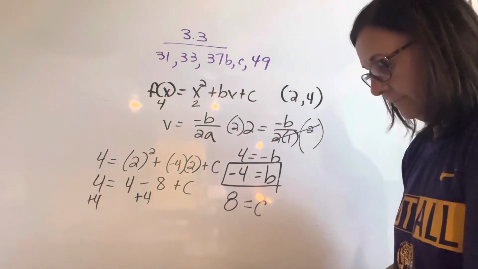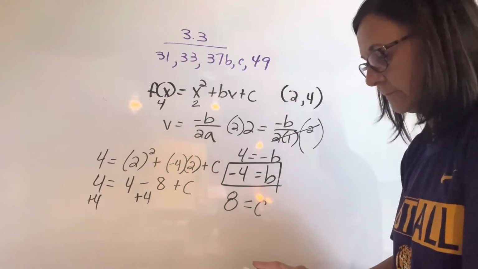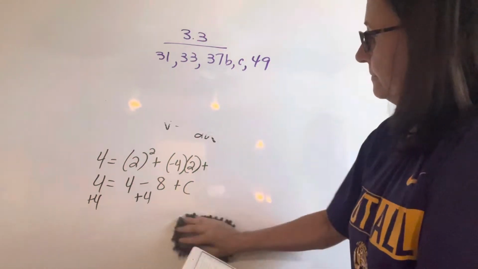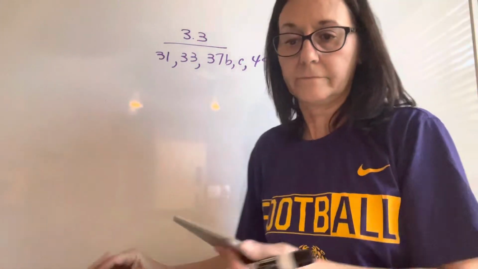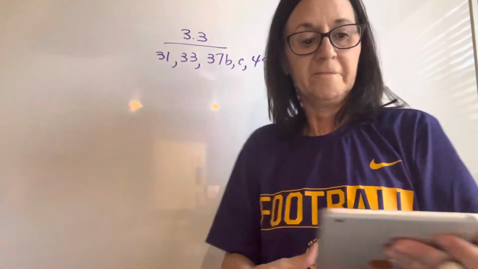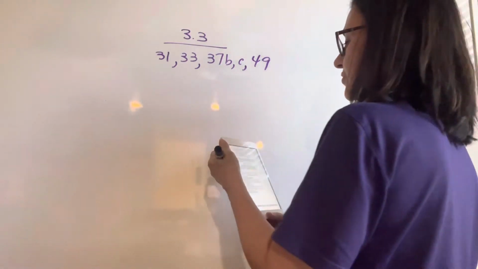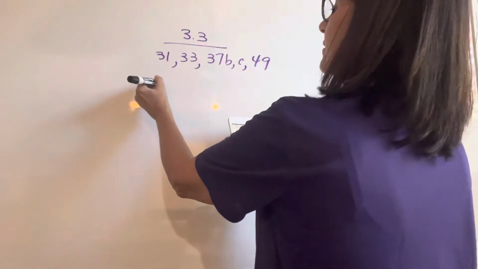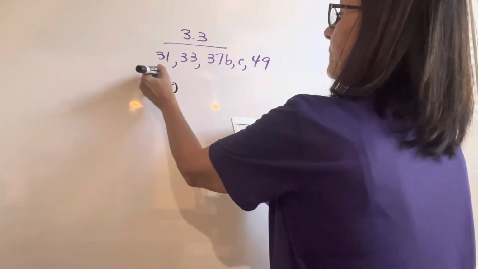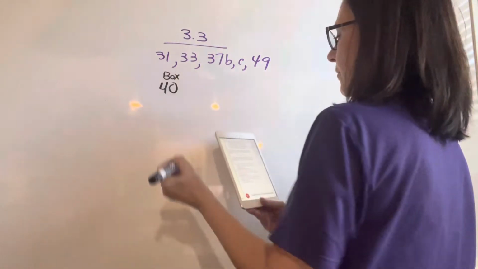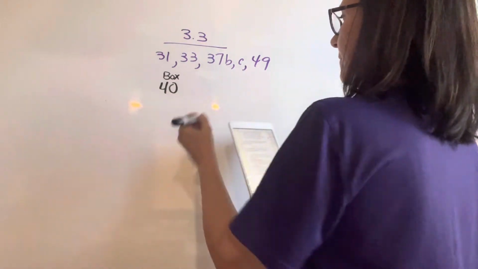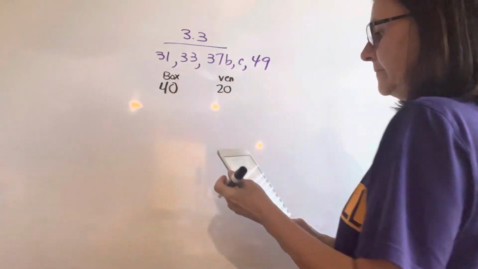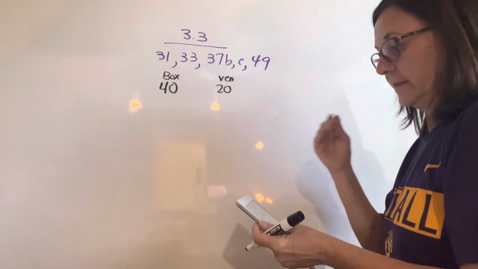All right, 49. 49 says, a ballpark manager concession finds that if the vendor sells an average of 40 boxes, that's boxes of popcorn, per game, when there are 20 vendors working.